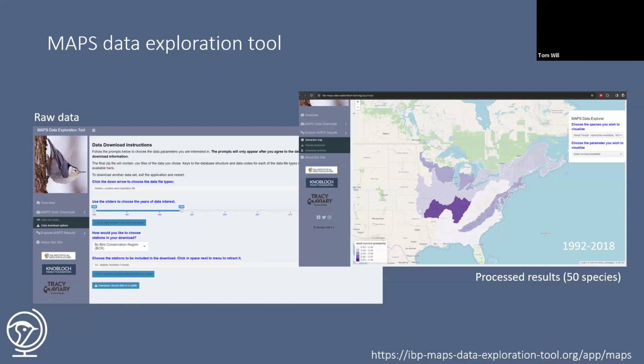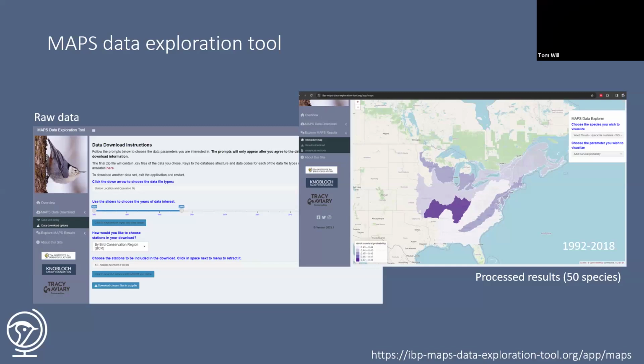In addition to process results like this, where you can look at BCR scale results, you can click on them and get figures of year-specific estimates and things like that too. You can also download the data in a CSV file. And importantly, it used to be a little bit cumbersome, working through us to try and get MAPS data and figure out what kind of data you wanted, what regions and what years.